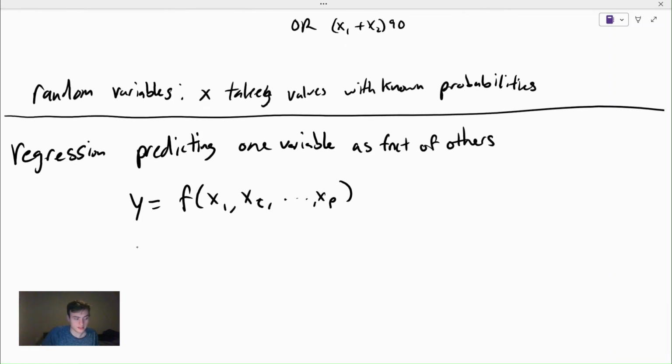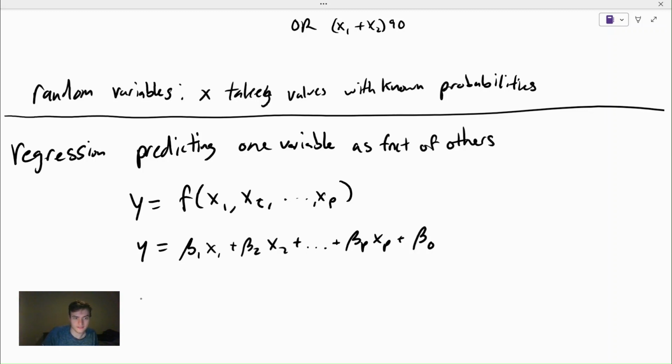And before we already talked about a linear model, ax plus b. Now we have more than one variable. So we could do beta 1 x1 plus beta 2 x2 plus dot dot dot plus beta p xp plus beta 0 for our constant term, right?